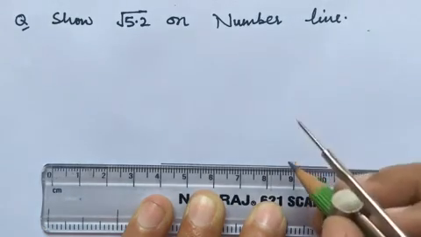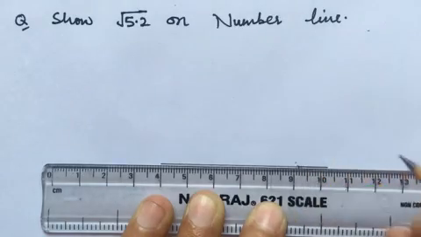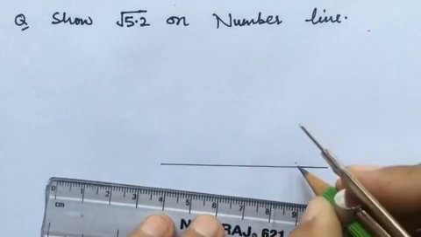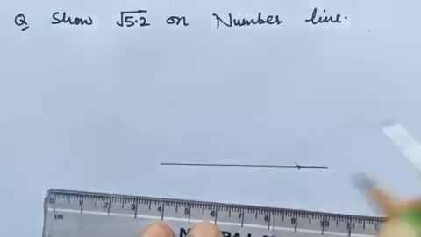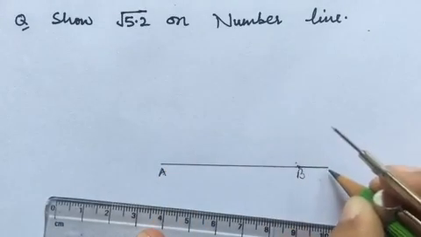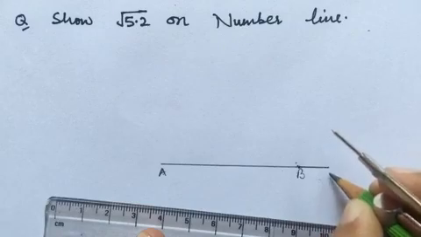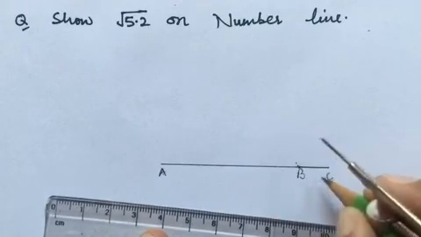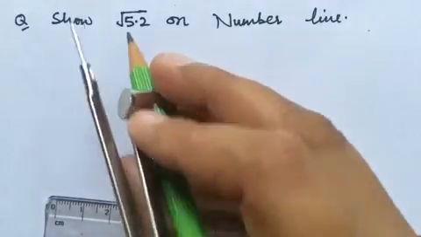Remember, I have marked a point over here. So I got my line with these points A, B, and this last point, C. This is the 1 centimeter that I have added to 5.2.